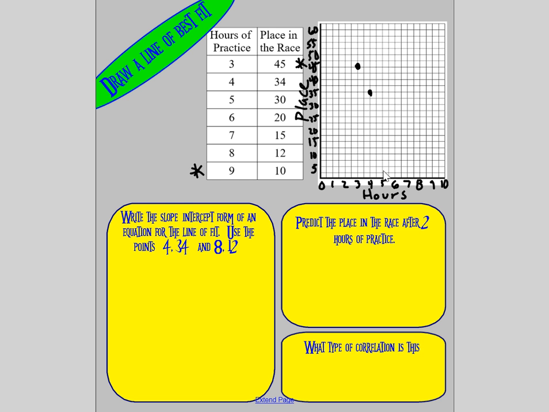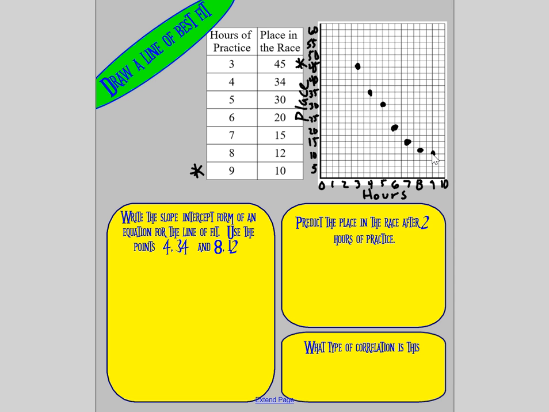So we're going to go 5, 30 right there. 6, 20. 7, 15. 8, 12. 9, 10. And that's all the positions we have.